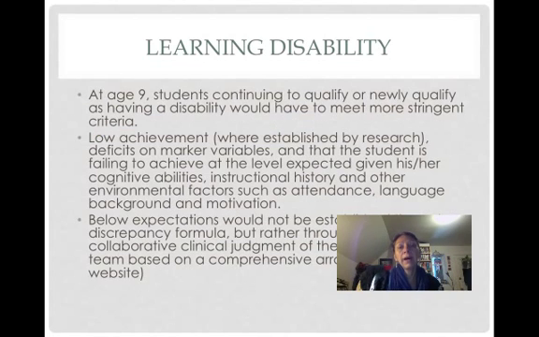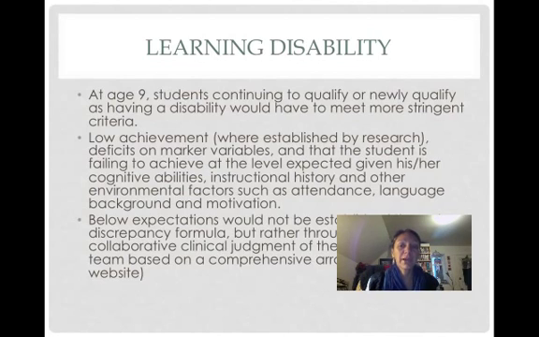Students qualify for learning disability at age 9. It's a very stringent criteria, or they may qualify a little bit earlier, but there's a new criteria that's applied at age 9. So for example, students transitioning out of having the label of developmental disability at a younger age.